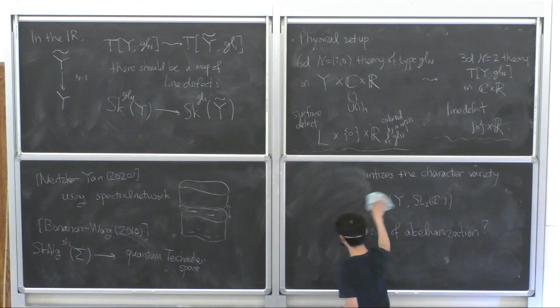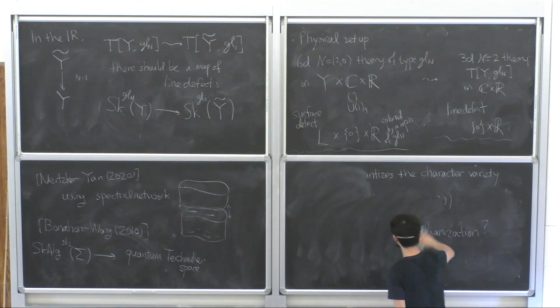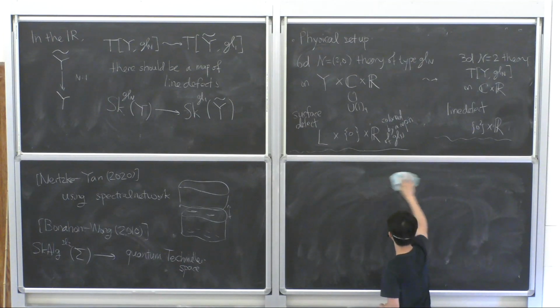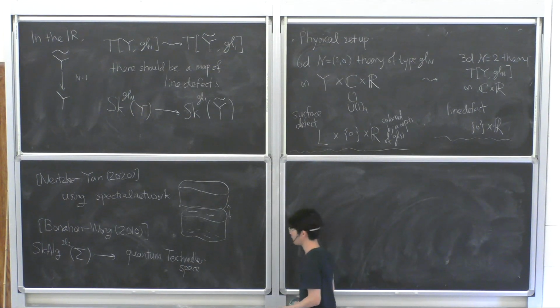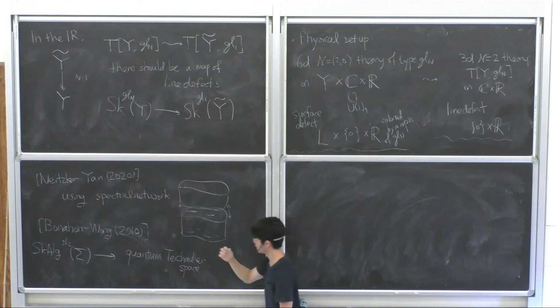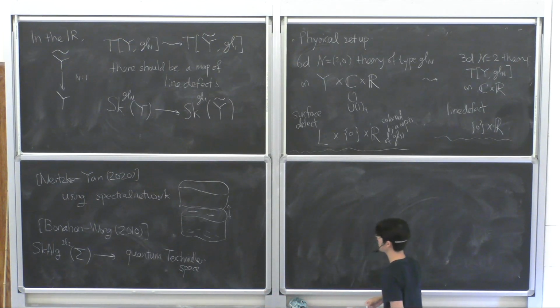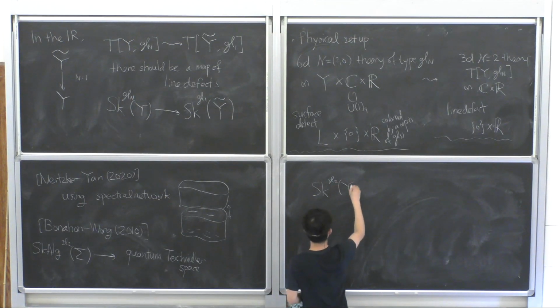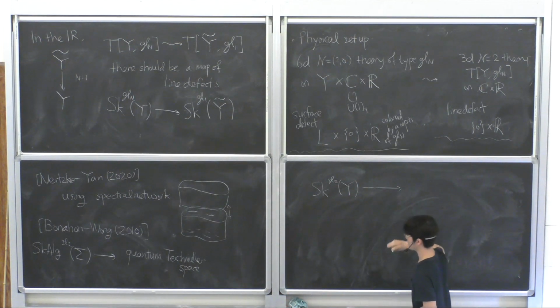For three-manifolds, there is a natural analog of quantum Teichmüller space, which is another quantization of the character variety of three-manifolds. That is sometimes called the quantum gluing module.